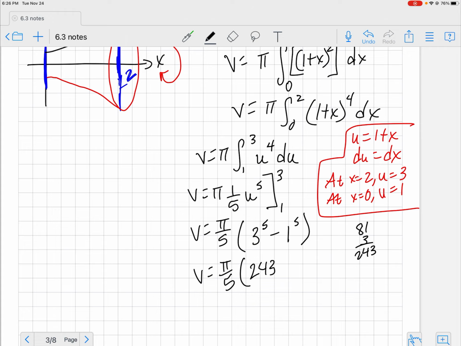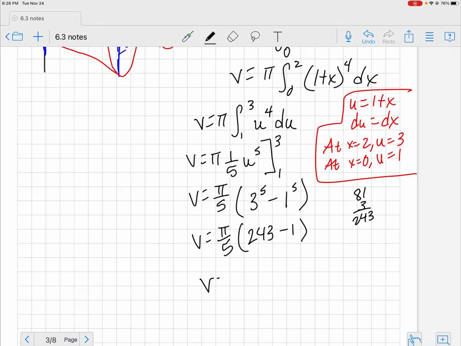So I've got 243 minus 1, which is 242. So my volume is 242 pi over 5. I don't have a specific unit here, so I'm not going to worry about putting a unit on this. We're just going to leave this in terms of pi.